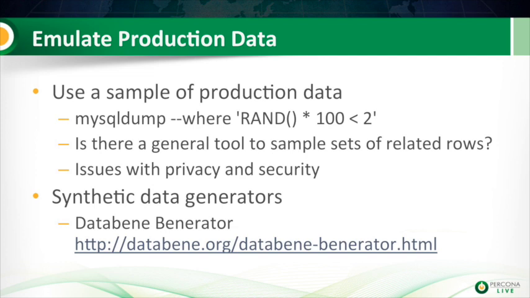I have not found a tool that can take this sort of random sampling but also preserve relationships between related rows across multiple tables. That would be an interesting tool, but I haven't come across one that does that automatically. You may have to do that as a homebrew project to roll your own.